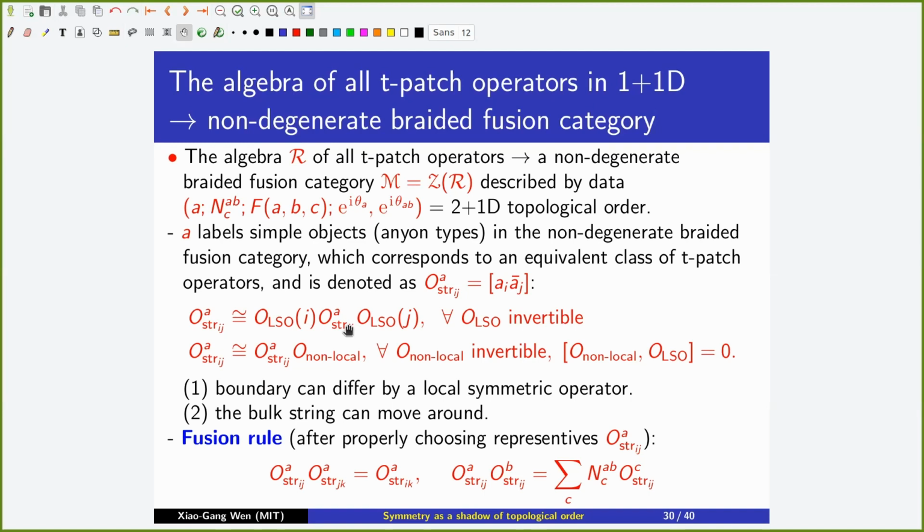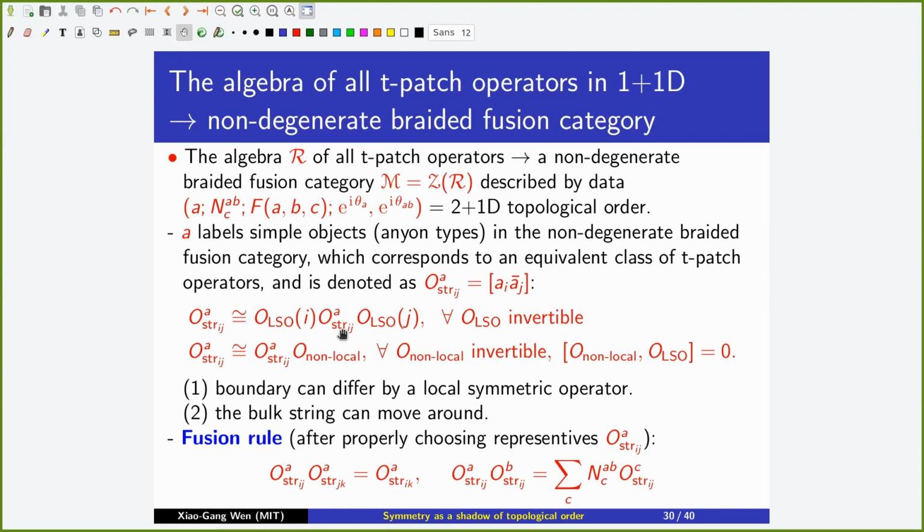What is their equivalence relation? The most obvious is this one: we can apply a local symmetry operator to its boundary. Like we have a string operator, we can apply a local operator on this end, some local operator on this end. We will get a different transparent patch operator, but we say these operators are equivalent to the previous one.